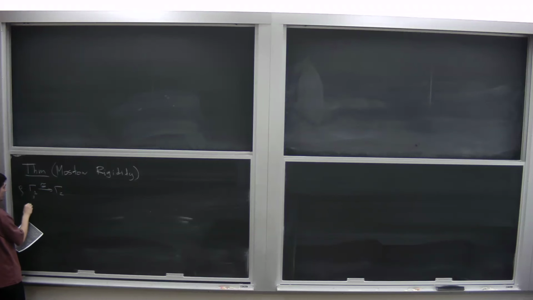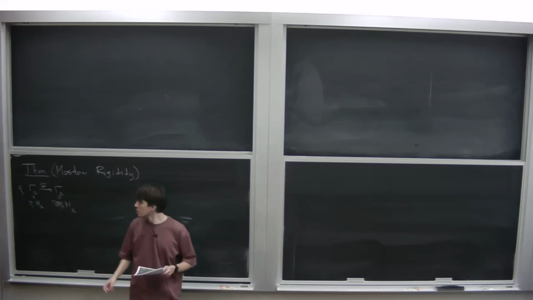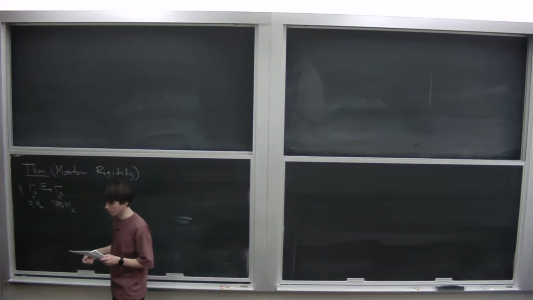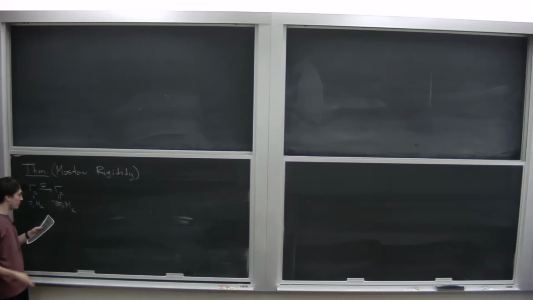So this is M1, and this is M2, right? And my M_j are compact manifolds. In fact, this theorem is true for finite volume hyperbolic manifolds as well.